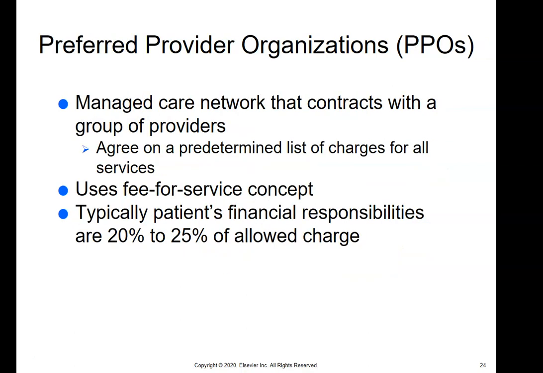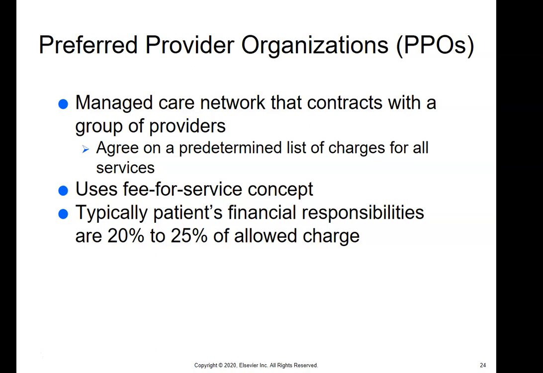The next one is your preferred provider organizations, your PPOs. This is a managed care network that contracts with a group of providers, and they agree on a predetermined list of charges for all services. They use the fee-for-service concept, and typically a patient's financial responsibility is 20 to 25% of the allowable charge.